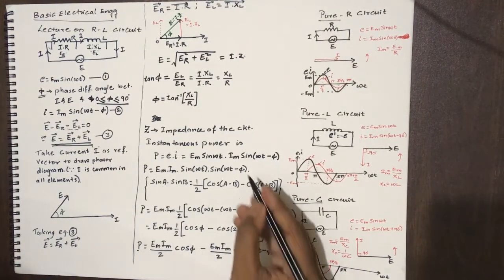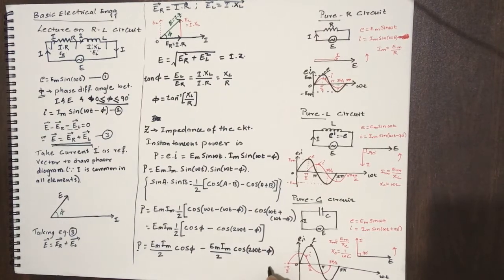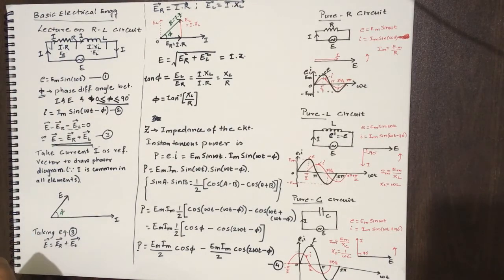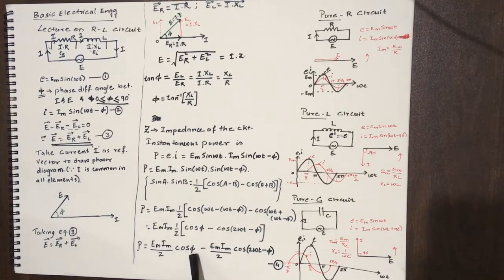Let us consider this as equation number 4. So we observe in the instantaneous equation of power for the RL circuit, in equation 4, there are two terms. The first term is Em Im by 2 cos phi, minus Em Im by 2 cos of 2 omega t minus phi.